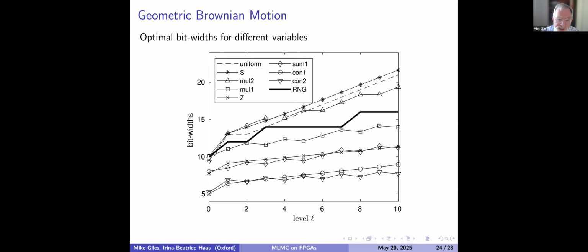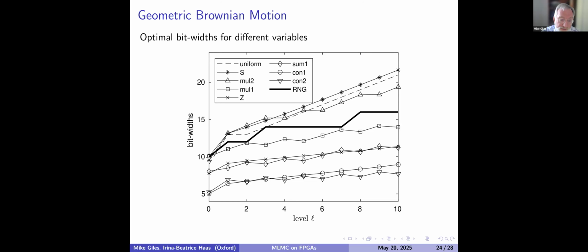What you can also see is that for some of the variables, right at the bottom there are two variables, con1 and con2. So they're a couple of constants. They correspond to things like sigma times h, so the volatility times the time step, or times the square root of the time step.